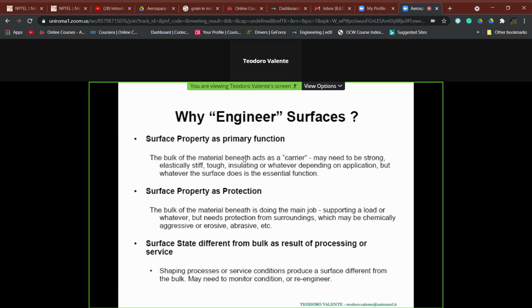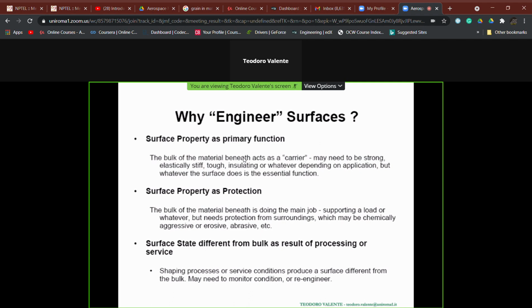So it starts from the need to engineer the surface. Which are these functions? Basically, the surface can act as a primary function, that is, what is under the surface must show to us the surface properties.